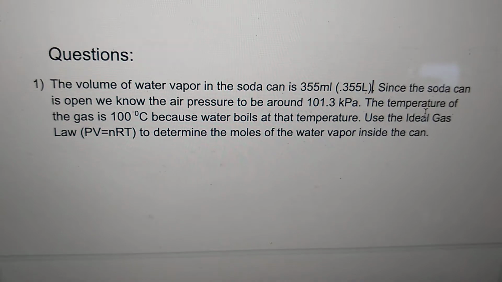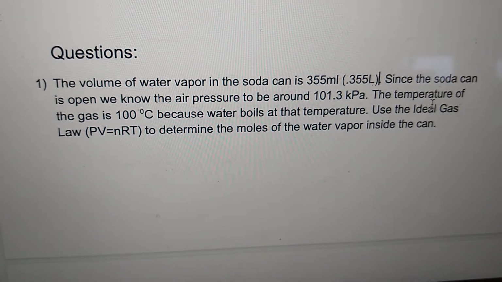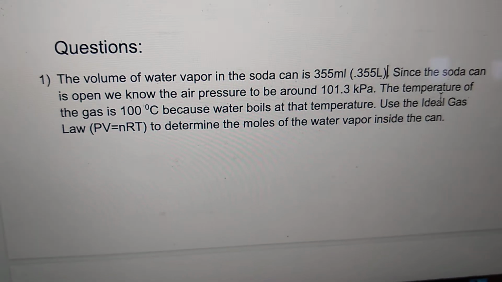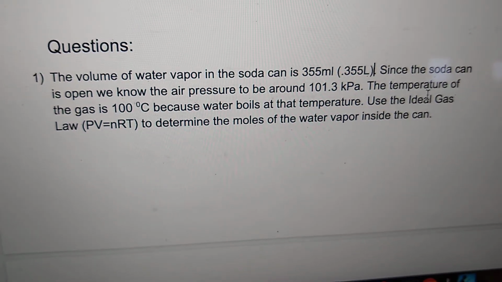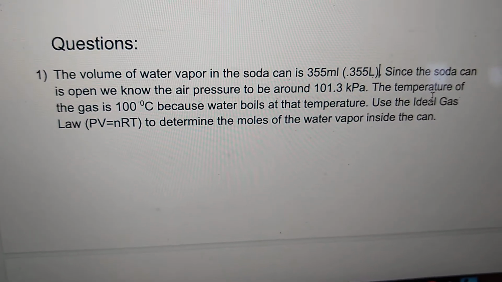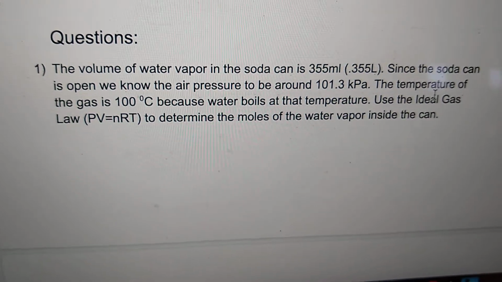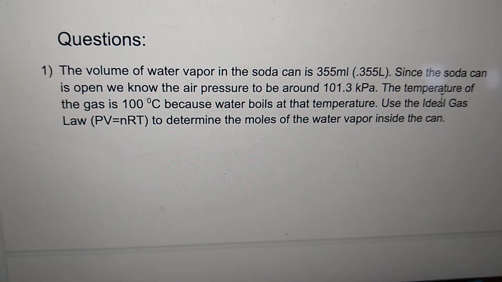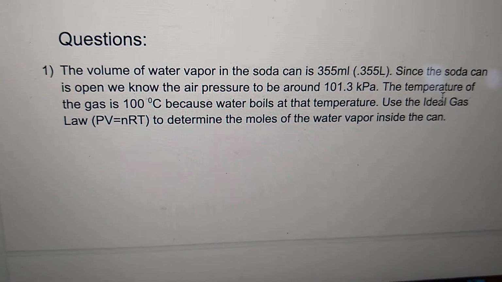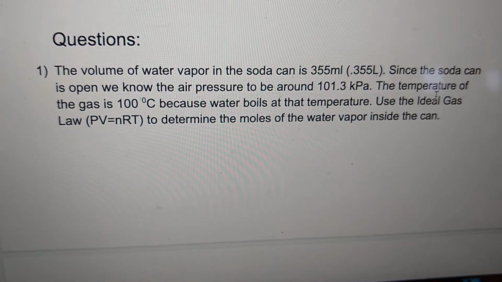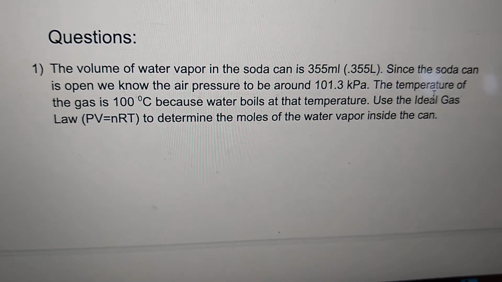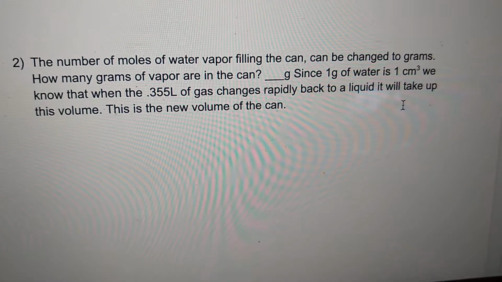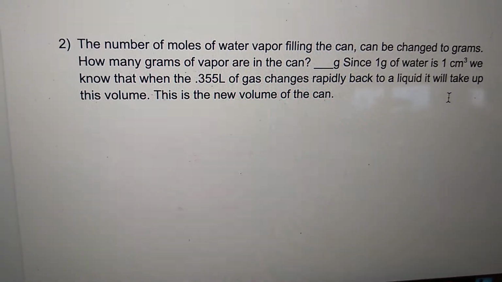Here's our first question. The volume of water vapor in the soda can is 0.355 liters. Since the soda can is open, we know the air pressure is 101.3 kilopascals, and the temperature of the gas is 100 degrees Celsius because the water boils at 100 degrees Celsius. Use the ideal gas law, or PV = nRT, to determine how many moles of water vapor should be inside the can. Now we know how many moles of water vapor are in the can.